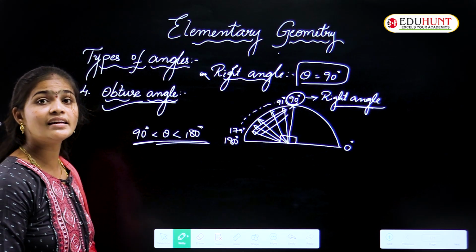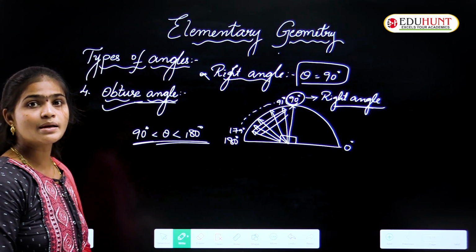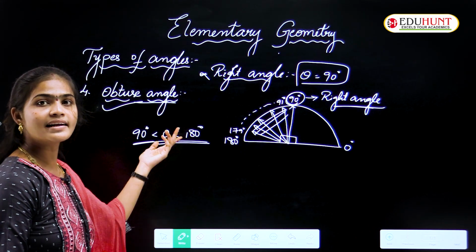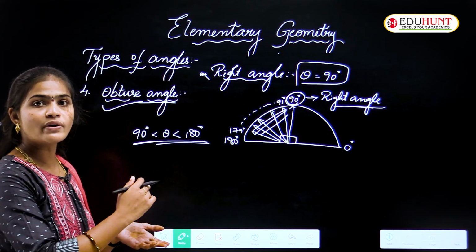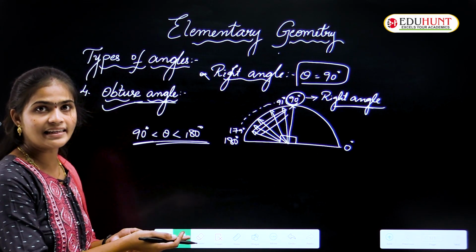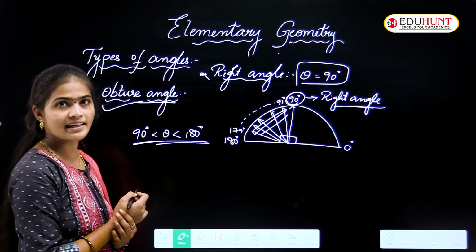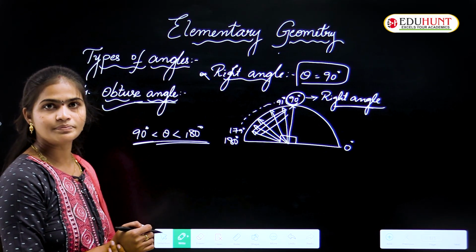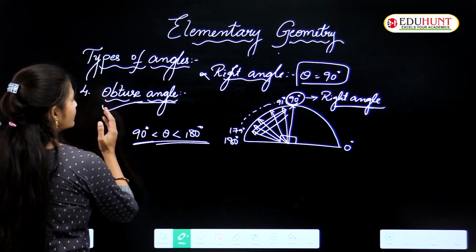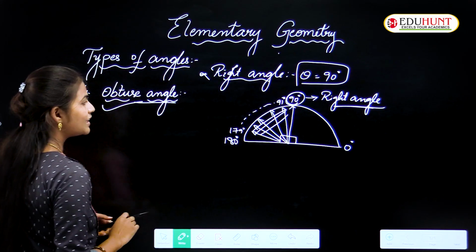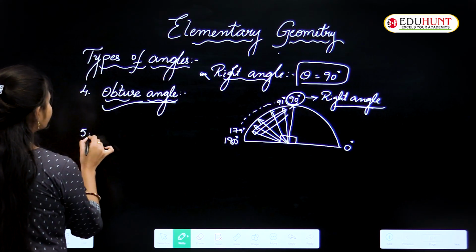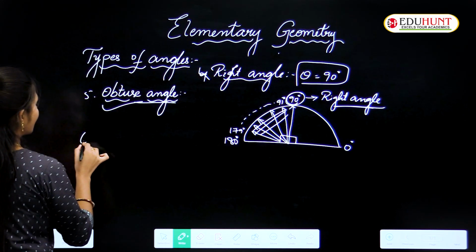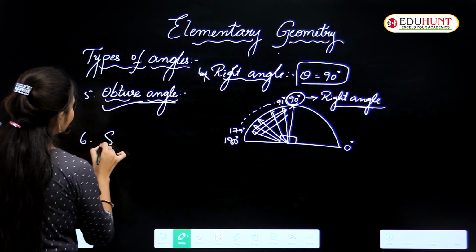For example, 129 degrees, which type of angle is that? Yes, that is an obtuse angle. Why? Because 129 is greater than 90 and less than 180 degrees, no? So we can consider that as an obtuse angle. After that, this is the fourth one, the fifth, and the sixth one, next is straight angle.